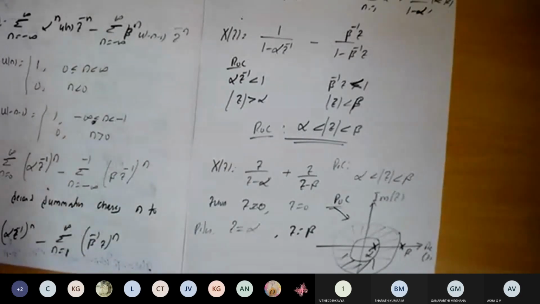Any doubts in this one? Any doubts? So we have seen the three different types of sequence, and we have seen the region of convergence for these sequences.